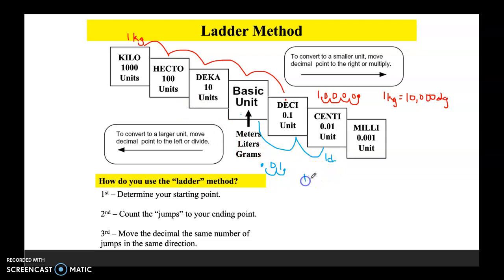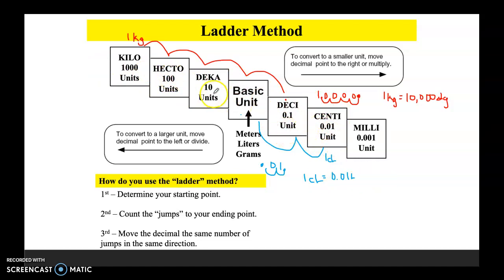So 1 centiliter equals 0.01 liters. So depending upon the direction you move determines the direction you move your decimal. However many jumps you have to do to get there, that's how many spaces you move your decimal. And that's how you convert between the prefixes.